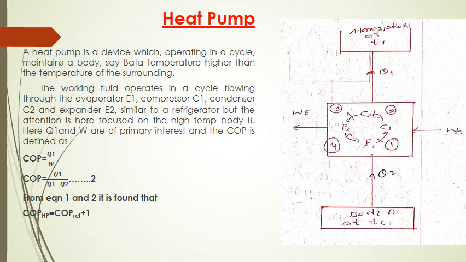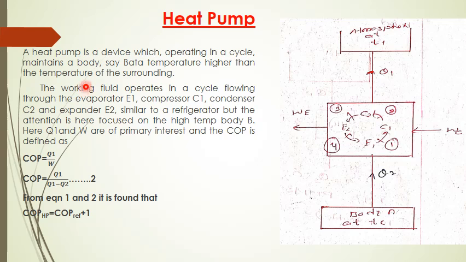Now let us discuss the heat pump. A heat pump is a device which, operating in a cycle, maintains a body, say B, at a temperature higher than the temperature of the surrounding. In a refrigerator, we maintain the temperature of a considered body lower than the atmospheric temperature.